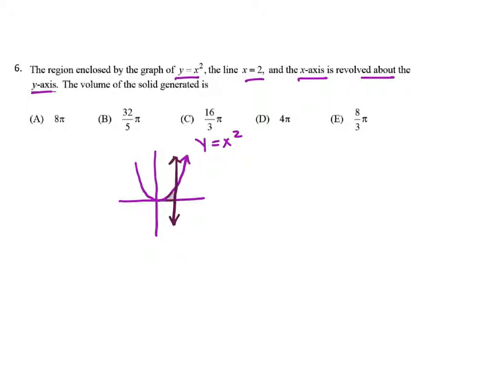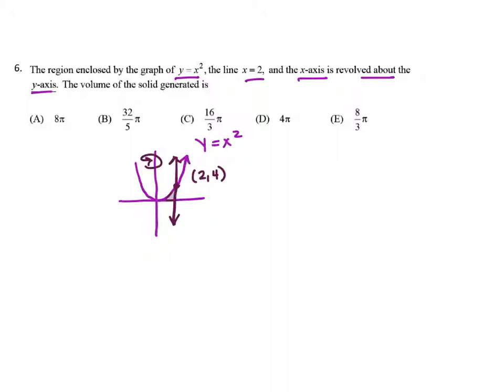And let's see, we are revolving about the y-axis, so we're moving here. So it looks like we do have a big open space going on here. And something else, we need to find that point of intersection. So if x is 2, then y is going to be 4.